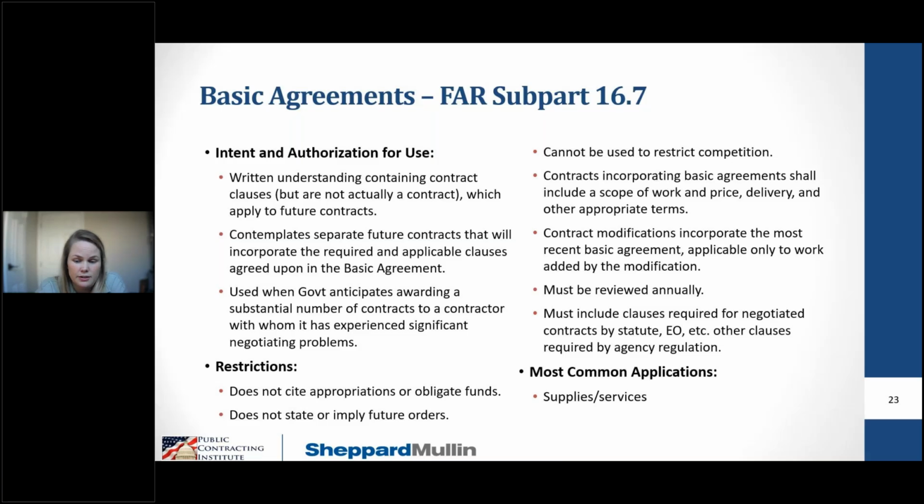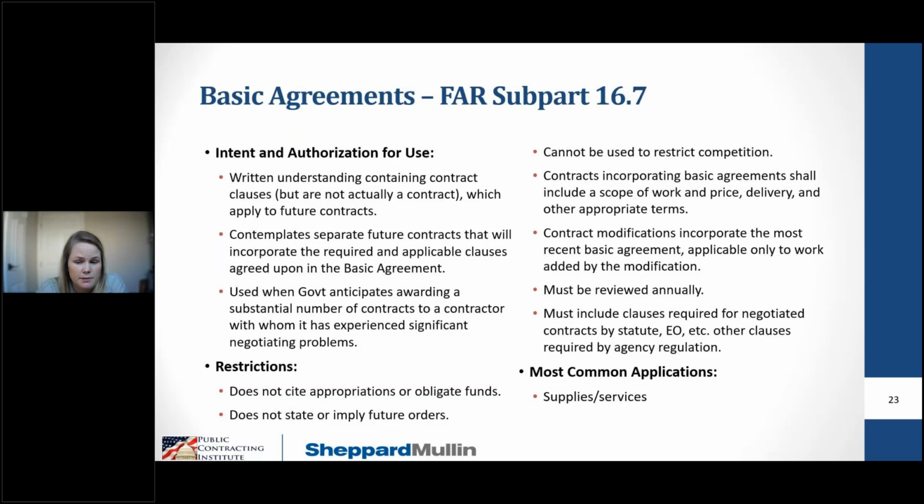Starting with basic agreement, it's a written instrument of understanding executed between an agency and a contractor, setting forth the negotiated contract clauses, which will be applicable to future contracts entered into between the parties and during the term of the basic agreement. Basic agreements contemplate that the execution of a formal contract will provide for certain key elements, including the scope of work, price, delivery, and will incorporate by reference or append the contract clauses agreed upon in the basic agreement.